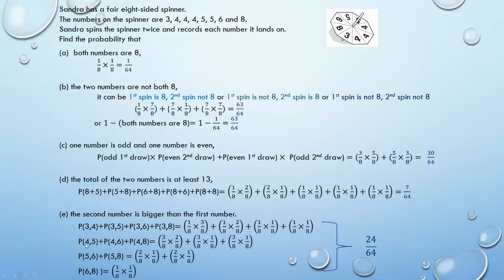Or it can be first is 4 and 5, 4 and 6, and 4 and 8. All right. Or it can be 5 and 6, 5 and 8, or 6 and 8, then finish. Okay, you have no other choice. So all these ones you need to plus together in order to get this final answer, which is 24/64. That's why the marks of this question is the highest.